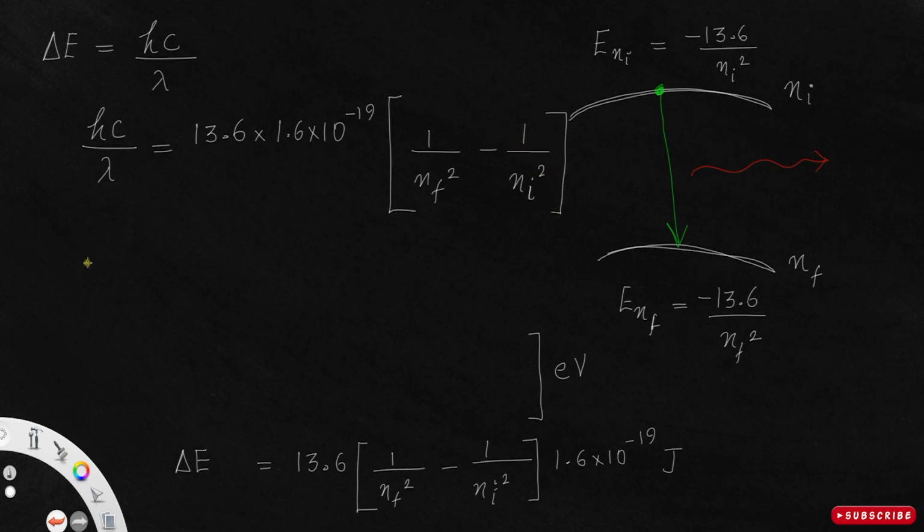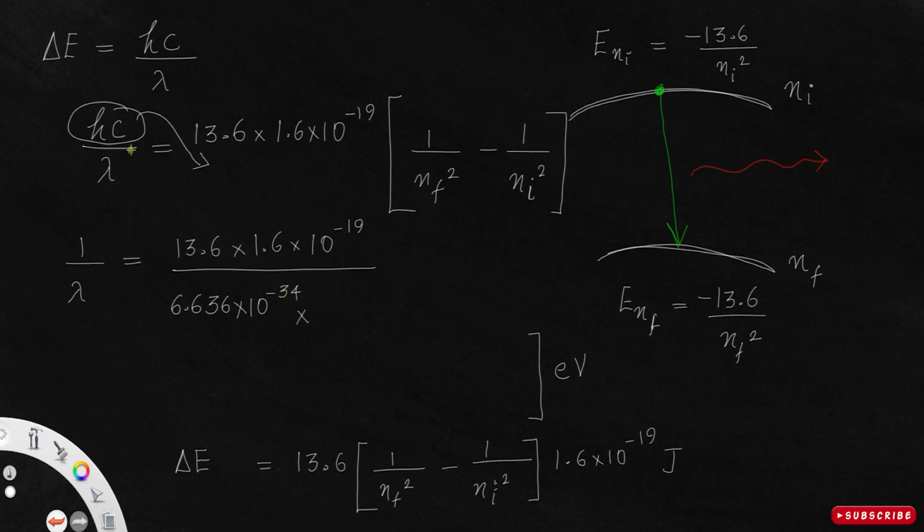So this will be 1 by lambda equal to 13.6 into 1.6 into 10 raised to minus 19 divided by hc. This hc will move to the denominator. The value of h is 6.636 into 10 raised to minus 34, into c, the speed of light, 3 into 10 raised to 8, into 1 by nf square minus 1 by ni square.